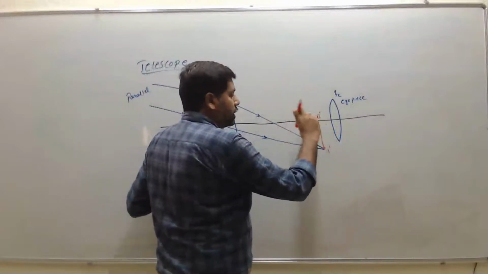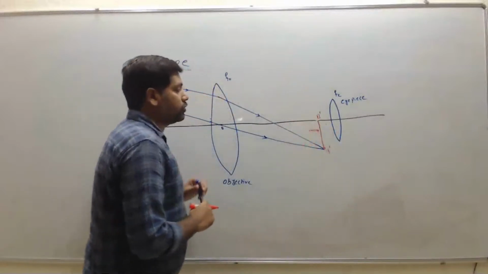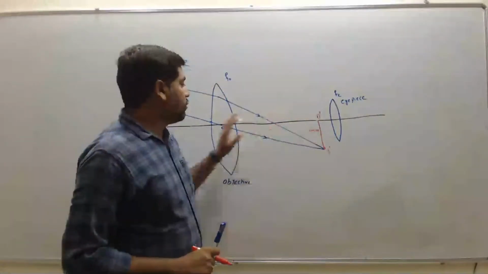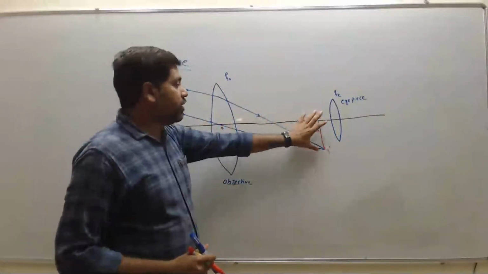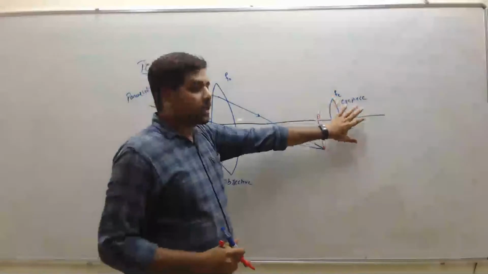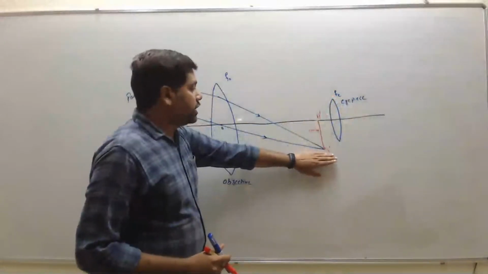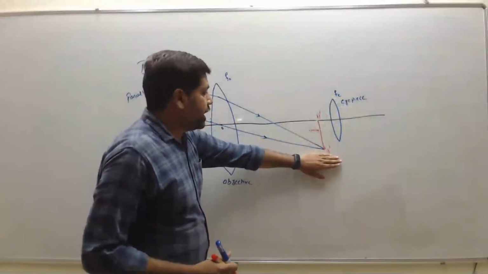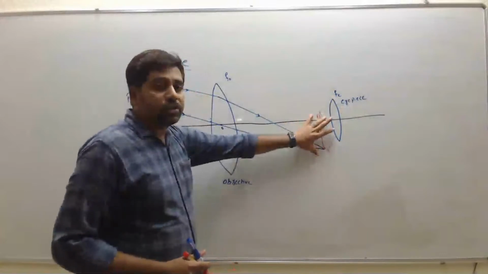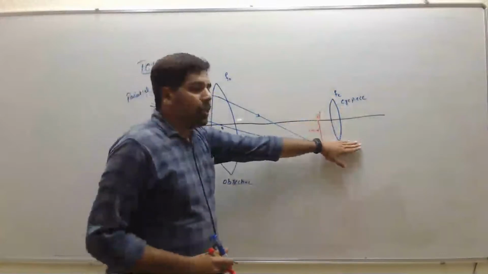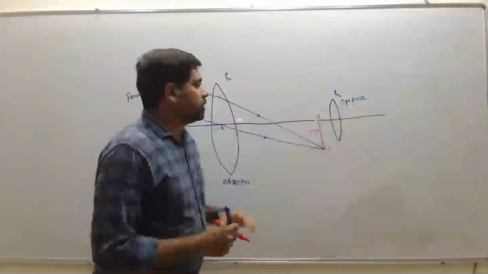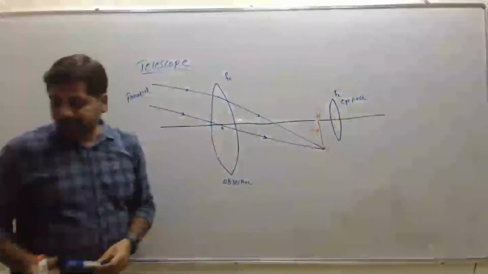Later, as we already discussed in the compound microscope, the image formed by the first lens acts as the virtual object for the second lens. Here the image A dash B dash acts as the virtual object for the eyepiece, that is, for the second lens.